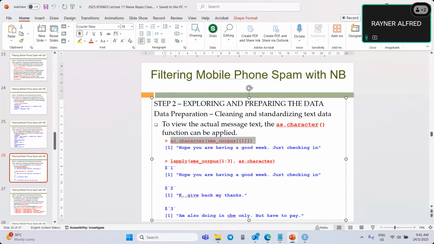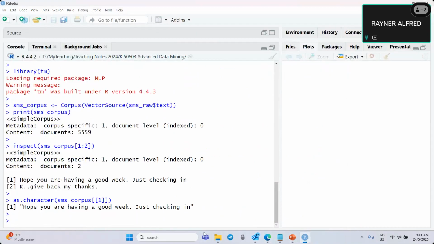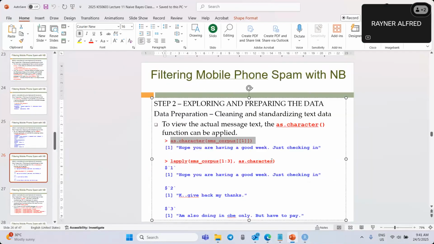We can also look at one sentence, but this is as a character, so a string of characters, with the double quotes.